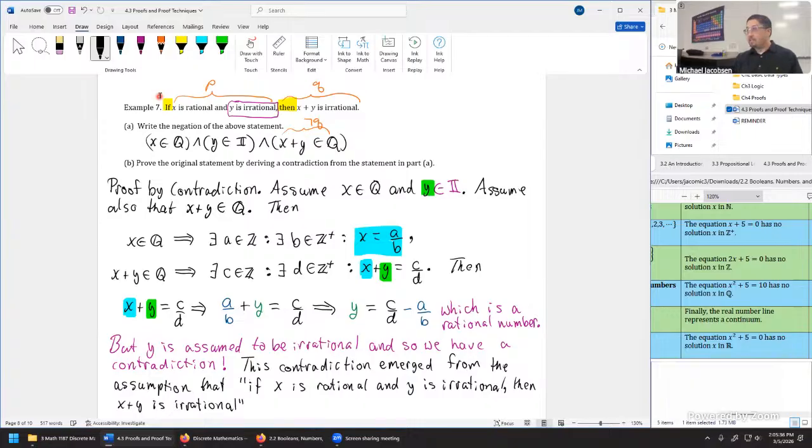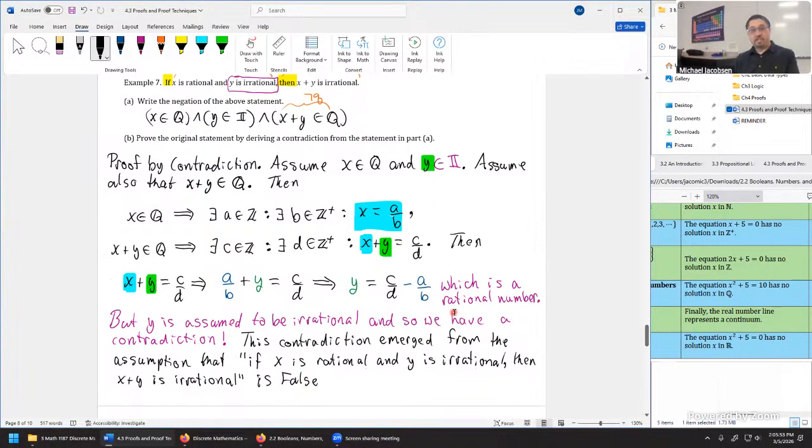What do we do with that statement? We negated it, and then we assumed the negation was true. So I'll say here briefly, the contradiction emerged from assuming that the original if-then statement is false. We assumed the falsity of that statement, hit a contradiction, and so our proof is over. We can now say, therefore, that statement must, this is the law of excluded middle once again, it must be true.